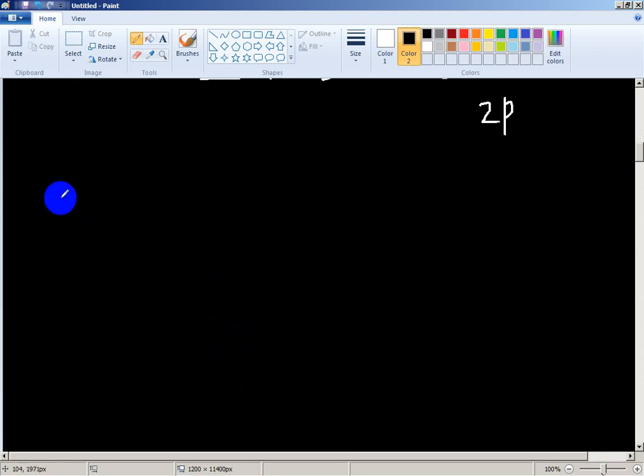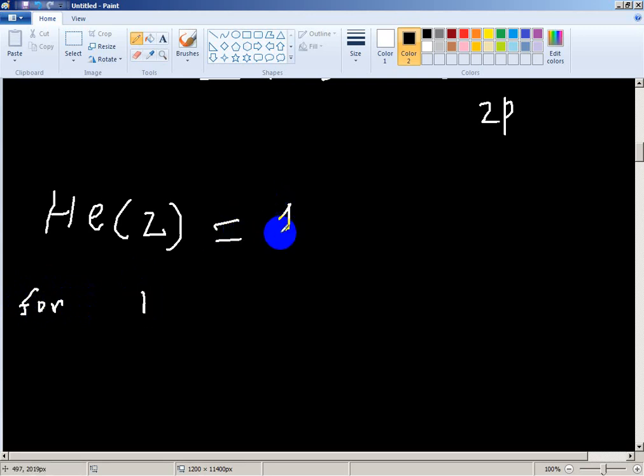How many electrons does helium have? 2 electrons. For one electron, the electronic configuration is 1s2.